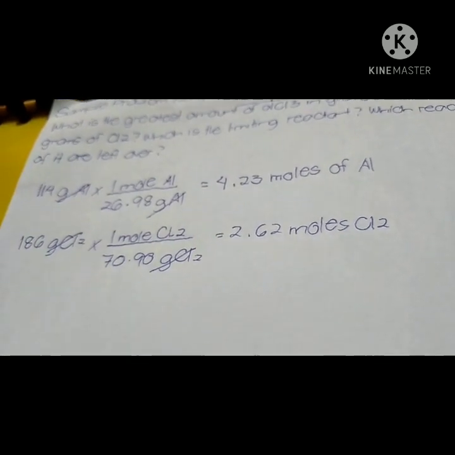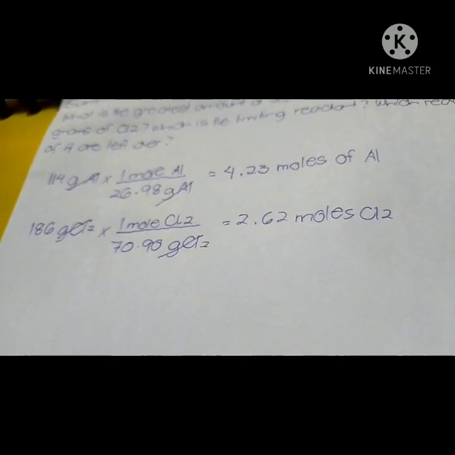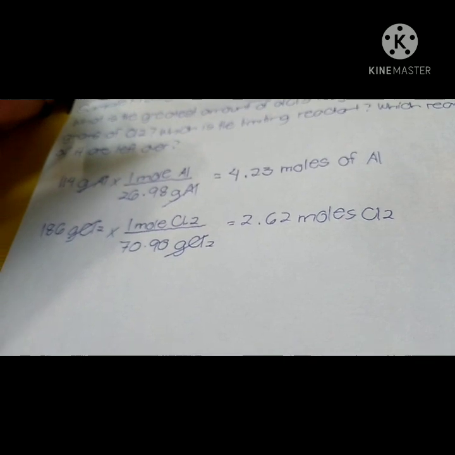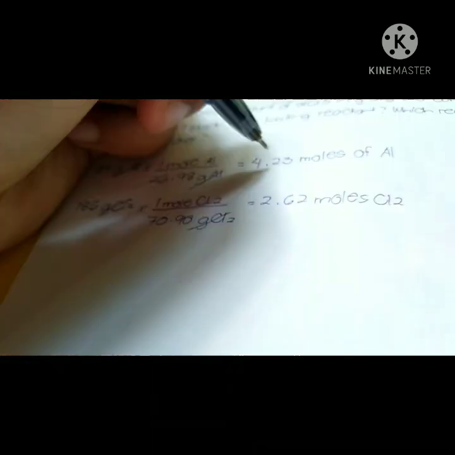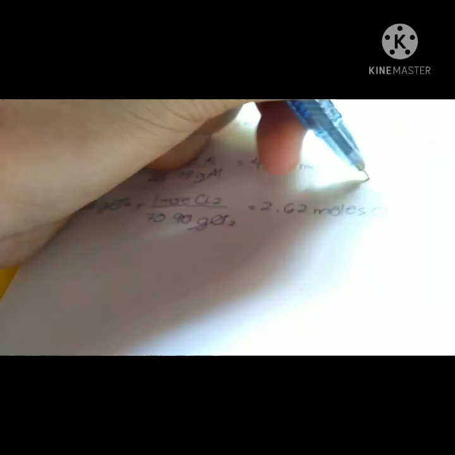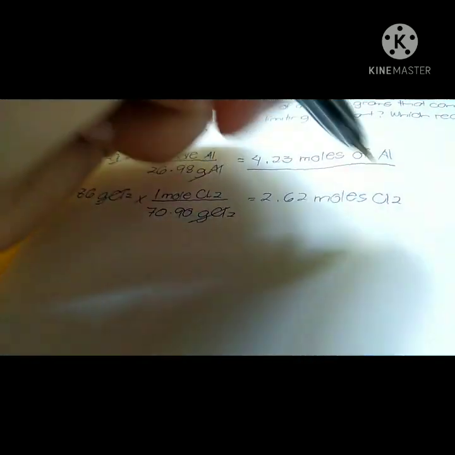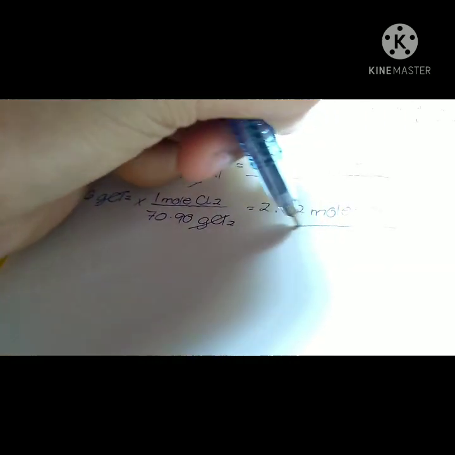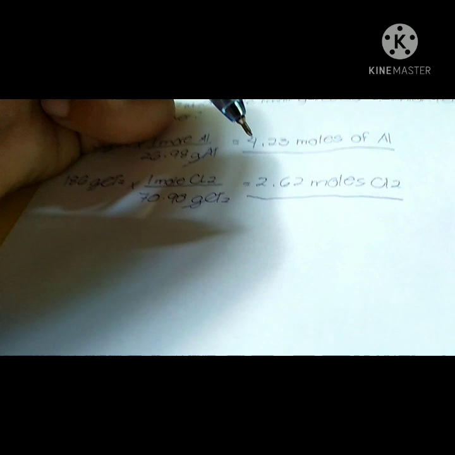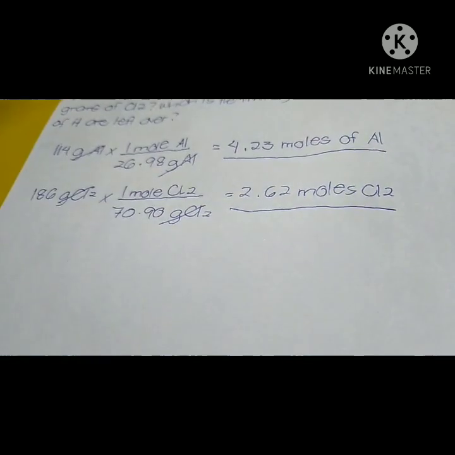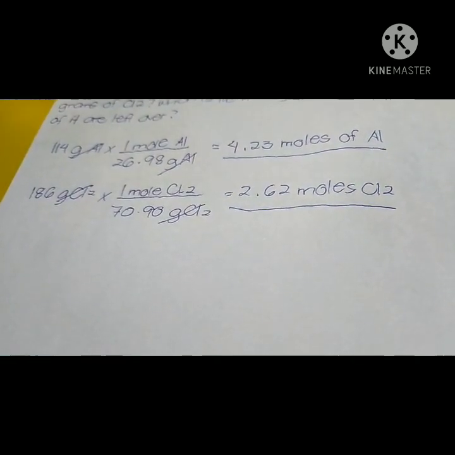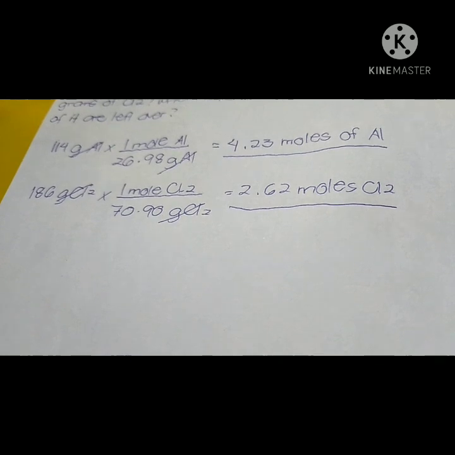Okay, so now we know how many moles of aluminum we have and how many moles of chlorine we have. We have 4.23 moles of aluminum and 2.62 moles of chlorine. We can figure out which of these two is the limiting reactant.